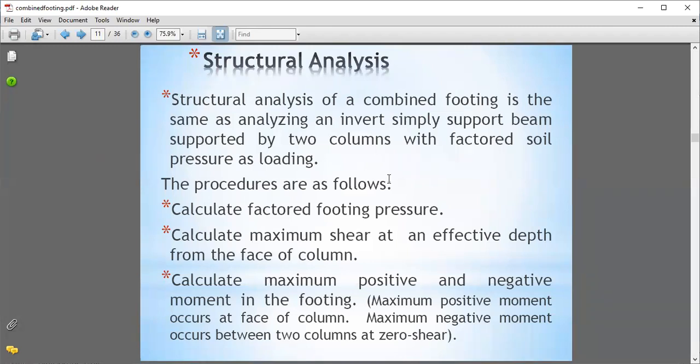Based on this we can calculate the effective depth from the face-to-face column, and then go for the diagram. That is the structural analysis, which will be helpful for us to calculate the maximum shear strength and the maximum bending moment.